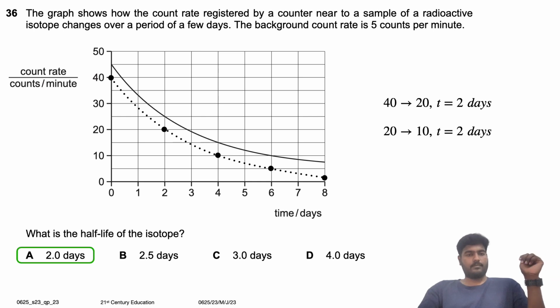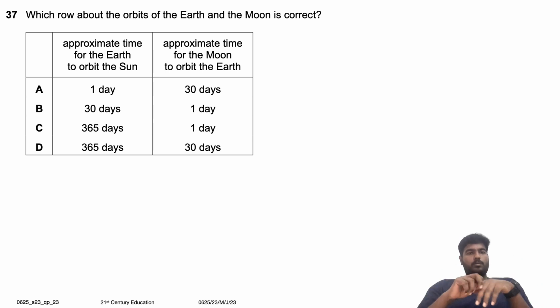Which row about the orbits of the earth and the moon is correct? The approximate time for the earth to orbit the sun is 365 days. That's what we call a year. And the approximate time for the moon to orbit the earth is 30 days.